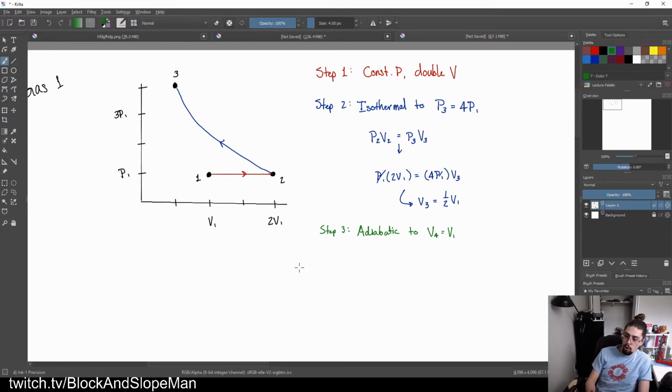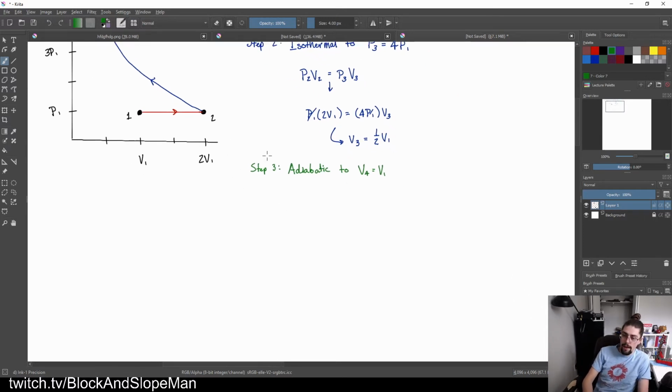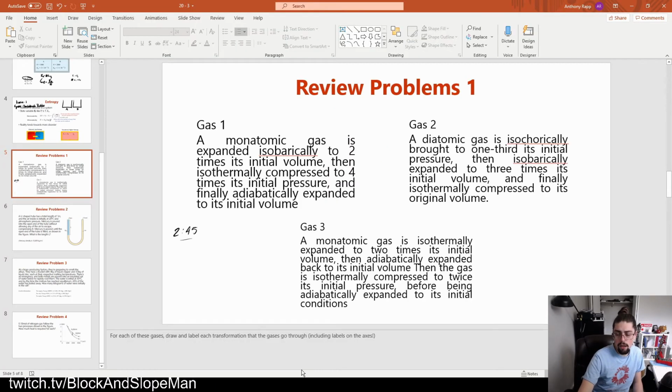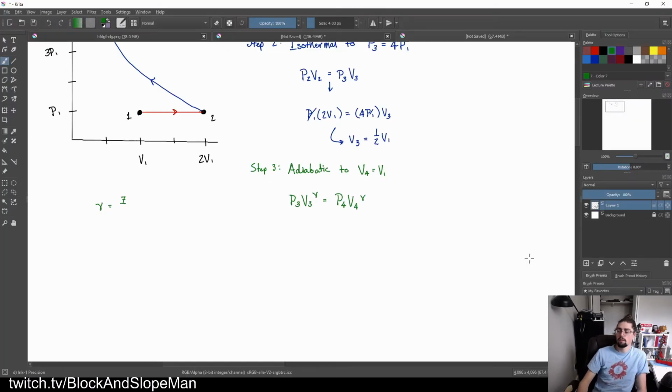So, since it's an adiabatic expansion, I know P3 V3 to the gamma power is equal to P4 V4 to the gamma power. And since I am dealing with a diatomic gas, this right here should be, did I say diatomic or monatomic? Monatomic. Sorry. Erase that. Not 7/5, 5/3.